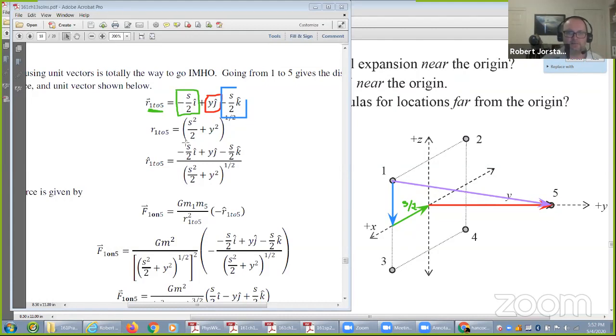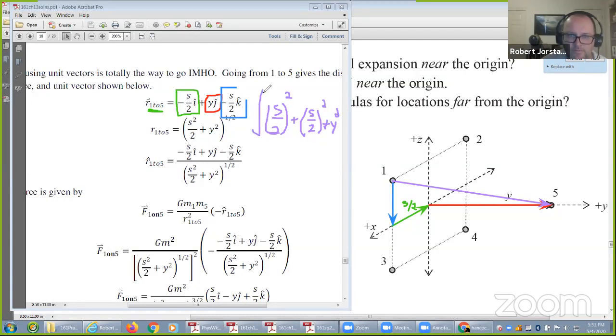Now I did a little bit of math tricks. This looks sneaky. Right? You're going to get an s over 2 squared plus another s over 2 quantity squared plus a y squared, right?